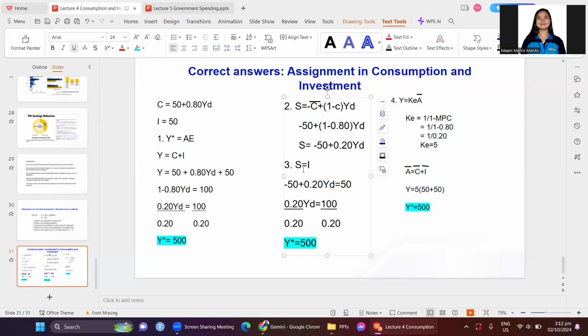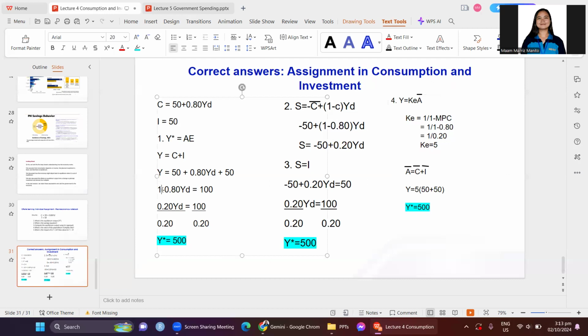If you use the S equals I approach, you will get the same result. And if you use the expenditure multiplier and multiply that to the autonomous expenditure, you will also get 500. So in numbers 1, 3, and 4, the equilibrium output is all equivalent to 500.